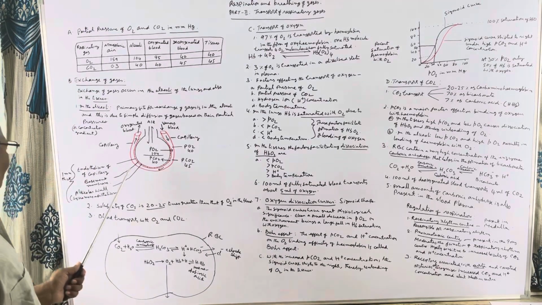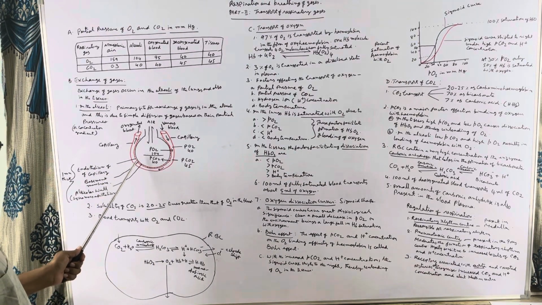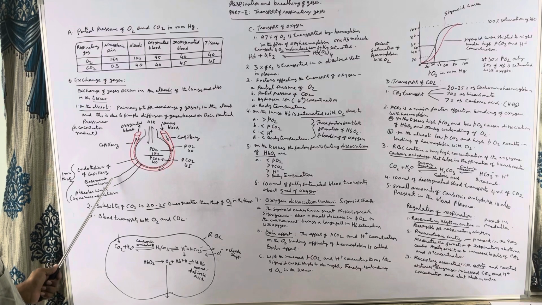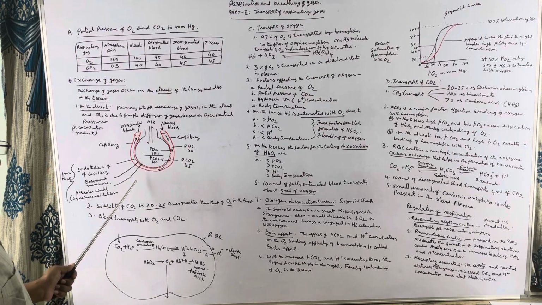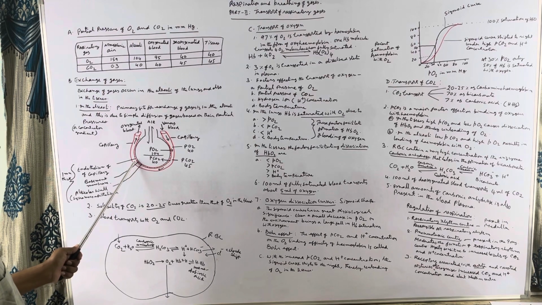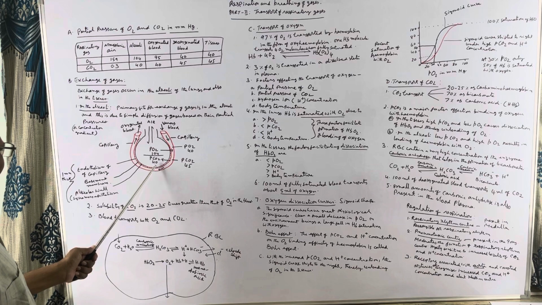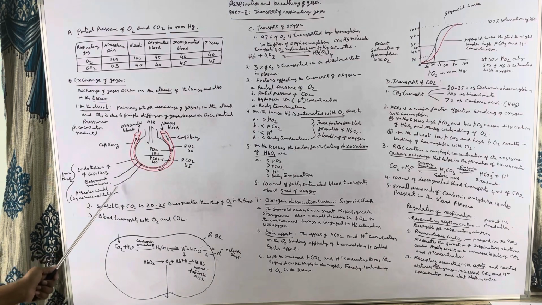They are the endothelium of the capillary, this is the alveolar wall, this black one. In between the endothelium of the capillary and alveolar wall, there is a thin basement membrane. So these three layers separate the air from the blood.